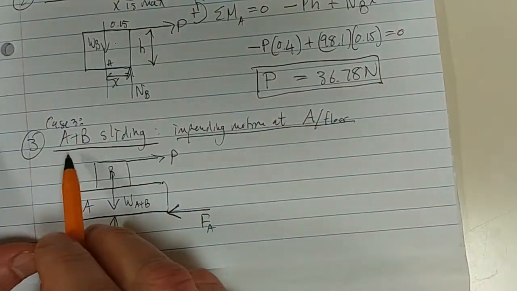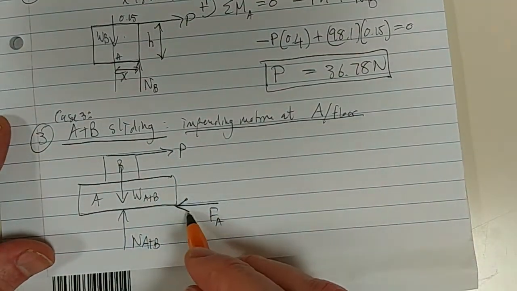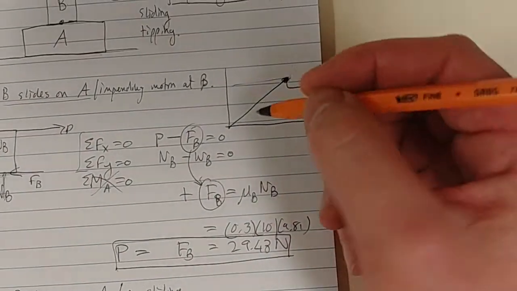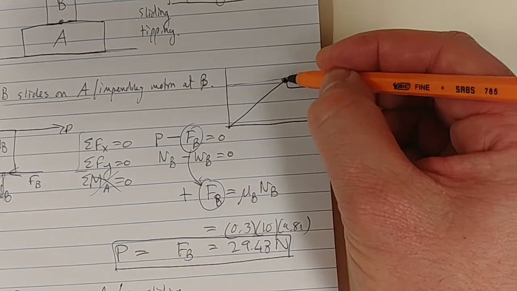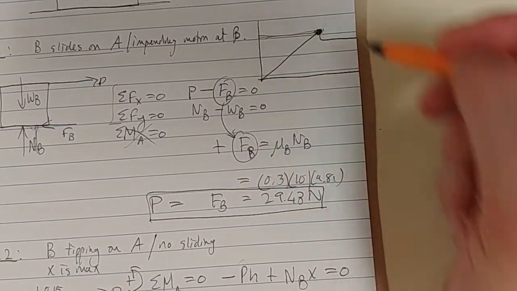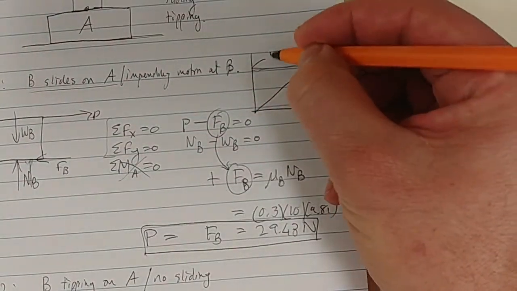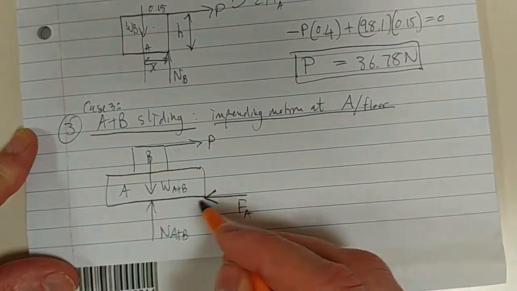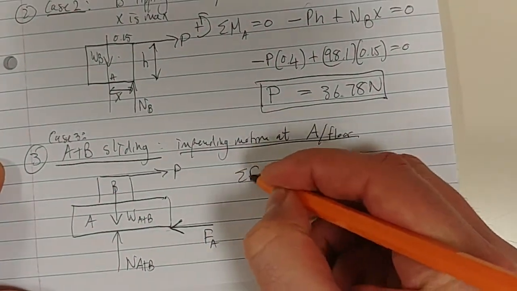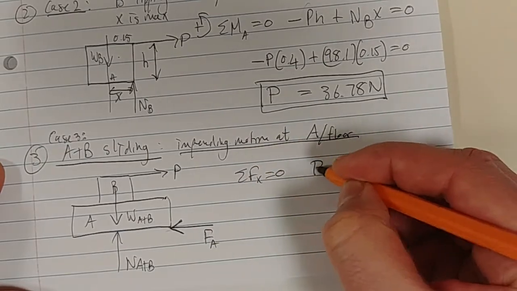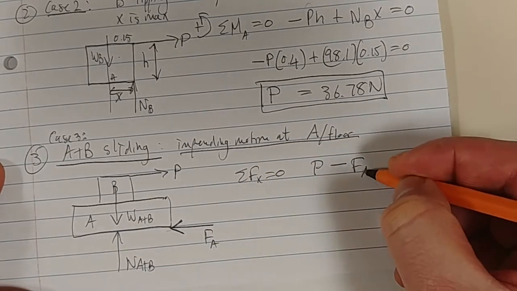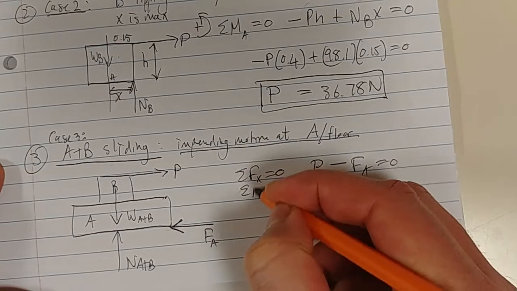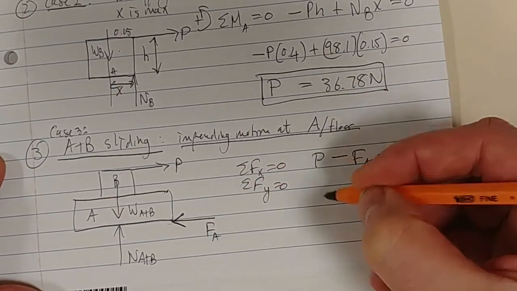All right, so because we're looking at sliding, we are assuming that we are at the limiting static frictional force, which is Fs equals mu s N. That's happening here. So we take sum of the forces in the x equals 0. P minus Fa is 0. Sum of the forces in the y equals 0.